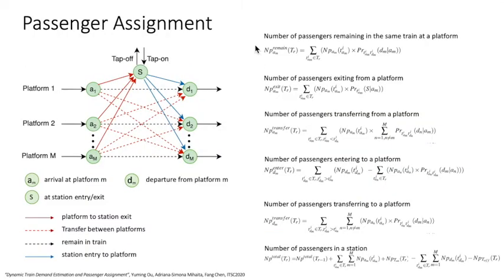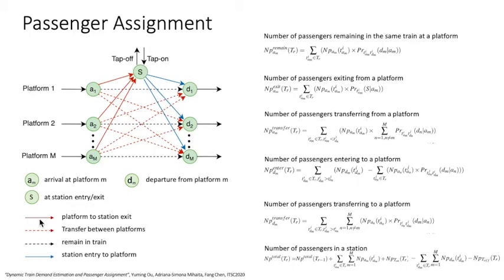The last step of our methodology is passenger assignment. This diagram shows how we model the passenger status change in a station which has multiple platforms. In the diagram, circle A means the status of arriving at a platform, circle D means the status of departure from a platform, and circle S means a station entry or exit.